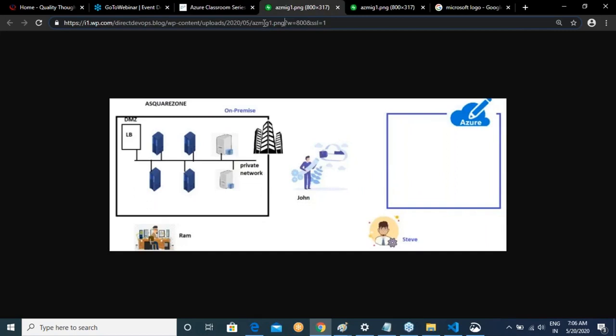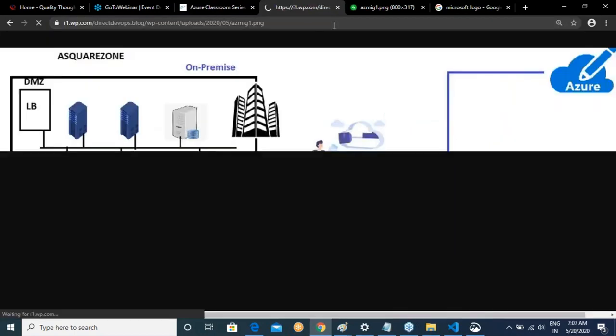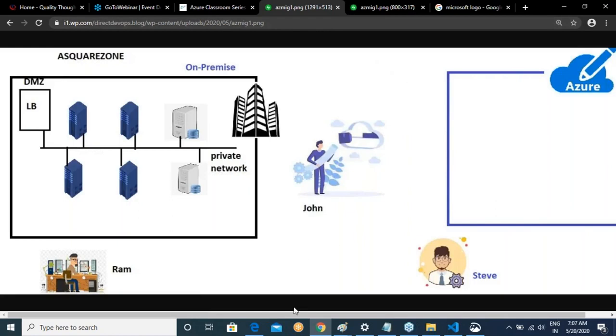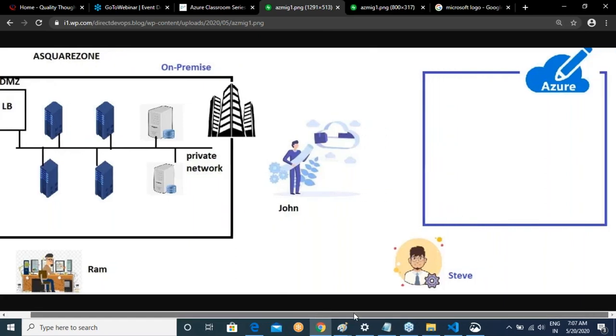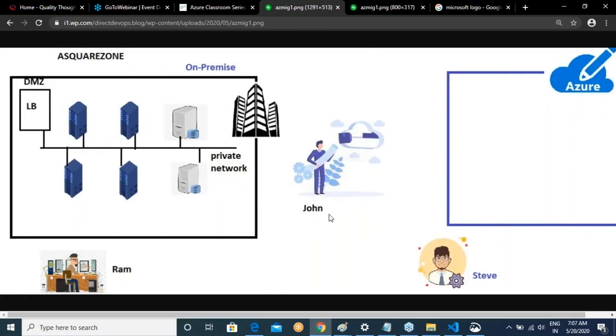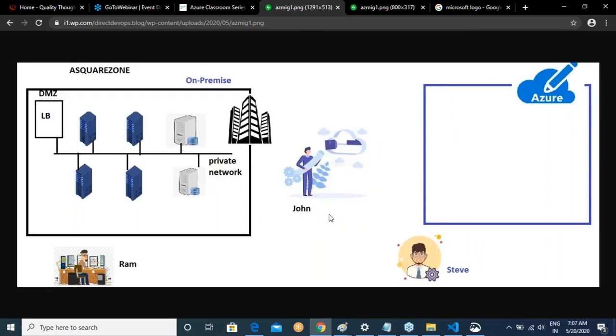Now if you look into this image, we have on-premise solutions, and on-premise we have some servers. I would encourage all of you to have a look at this image for a couple of minutes.